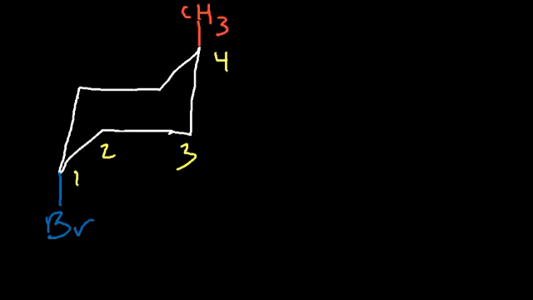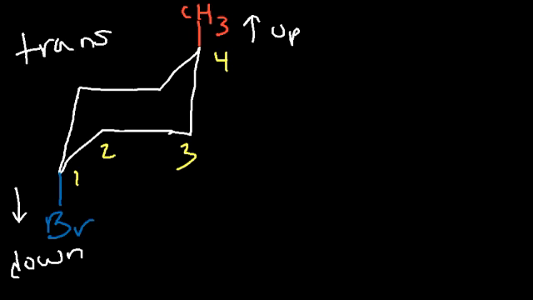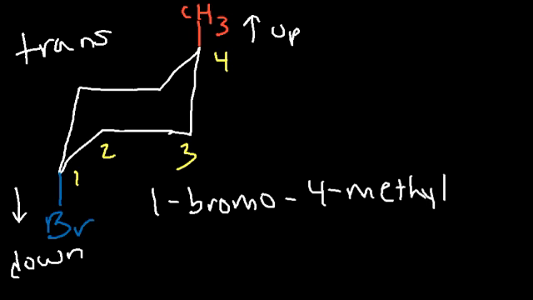Notice that the methyl group is in the axial up position. But the bromine atom is in the axial down position. Because one is up and the other is down, this is the trans isomer. So it's going to be called 1-bromo-4-methyl. But we need to put a trans before it. So it's trans-1-bromo-4-methylcyclohexane.